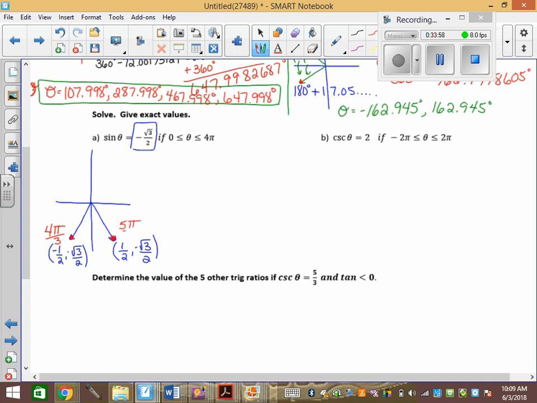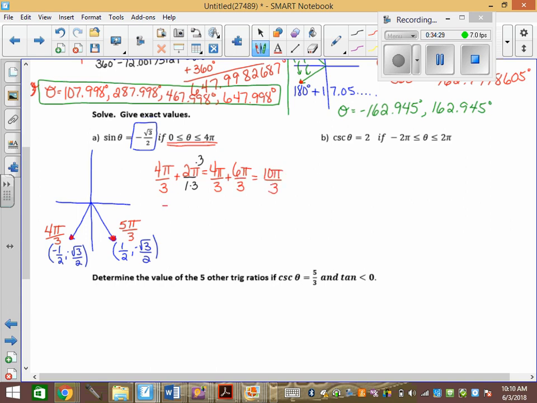And those are great answers, but I also have to check, because this is between 0 and 720 technically degrees, or 0 and 4 pi. So I actually have to get the coterminals because there's going to be 2 more. So if I go 4 pi over 3 plus 2 pi, I need to be over 3, so I'm going to multiply by 3 and 3. So I'm going to get 6 pi over 3, which is equal to 10 pi over 3.